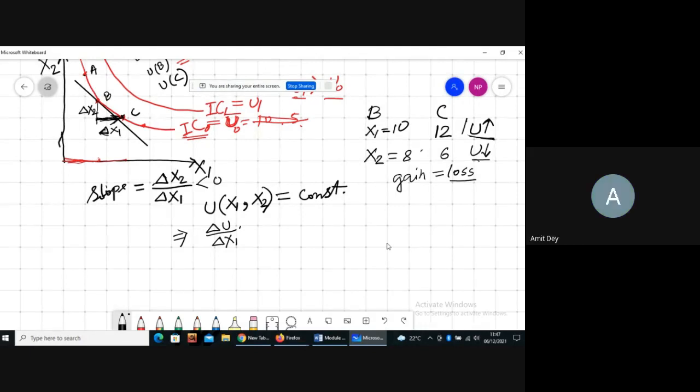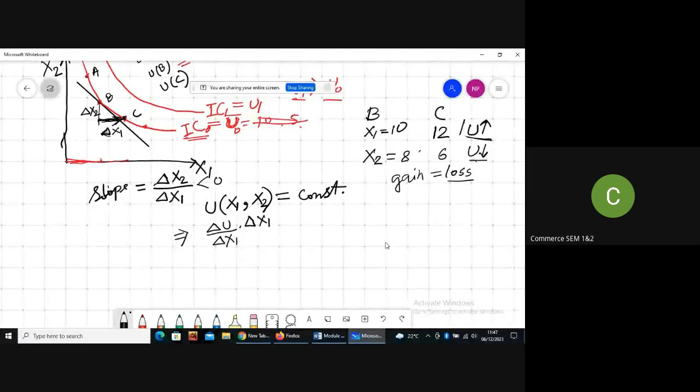Multiply this with... I'm saying that if you differentiate this function, utility as a function of x1 and x2, which is equal to constant, delta u by delta x1 means if you change your consumption of commodity 1 by 1 additional unit, how much utility you can get.